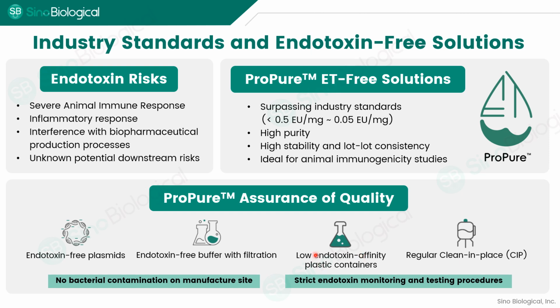This is a place that does not allow any endotoxin or E. coli contamination. We also do regular clean-in-place procedures on site, which guarantees strict endotoxin monitoring and test procedures.